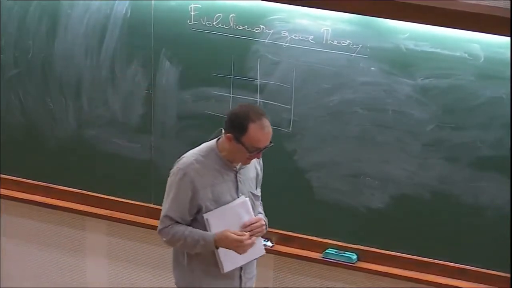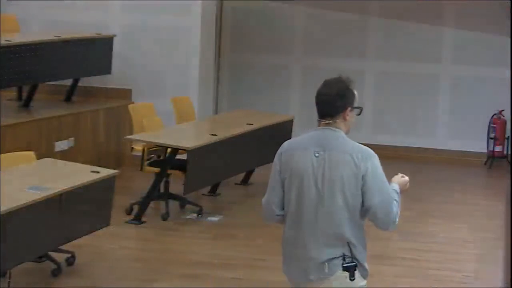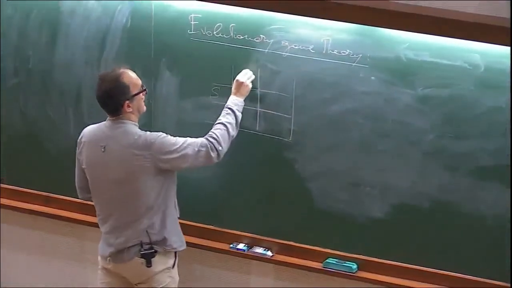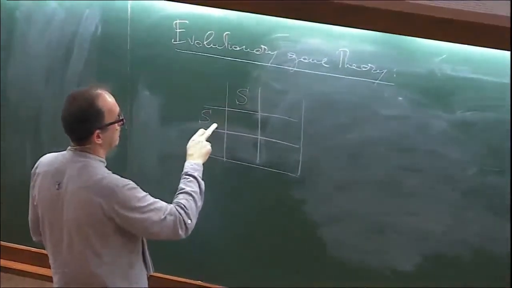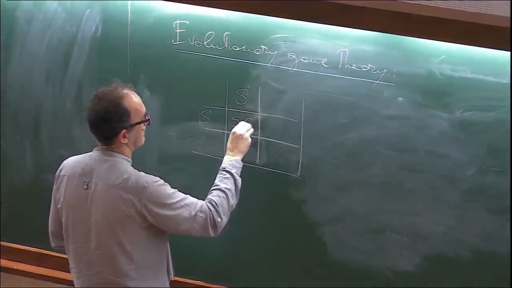So you can think of the following situation where essentially in a population where there were only small beetles, the small beetles would reproduce with a fitness of 5.